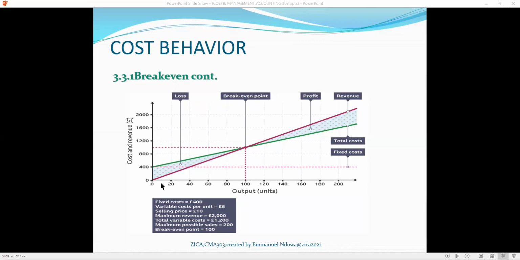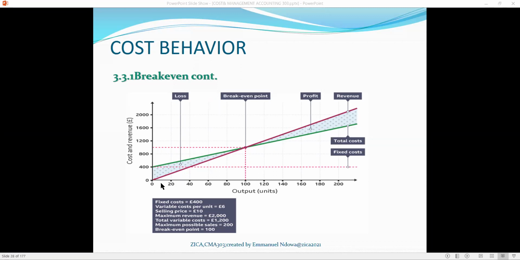But I'm agreeing with you that we are saying more revenue, the lesser the cost. The reason the costs are lowering is that you are having a higher level of production.